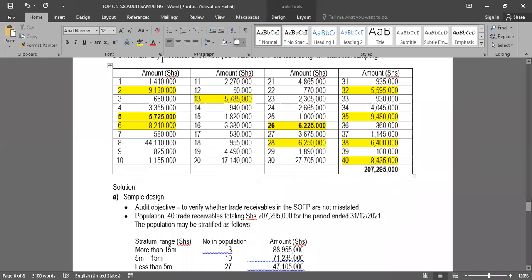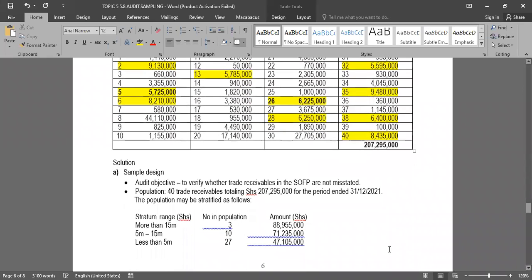When you add their amounts, the 9.1, 5.7, 8.2 and so on, you end up with 71.2 million. The smaller ones carry the balance. You don't have to compute or count this one. Since these are 13, what is remaining to make 40 must be 27.